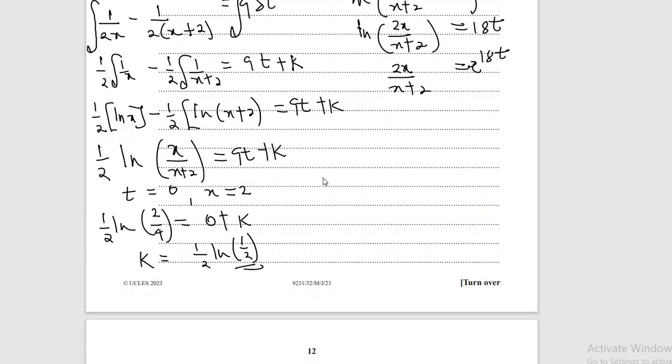I'm looking for x in terms of t, so cross multiply. We have x e raised to the power 18t plus 2e raised to the power 18t equal to 2x. Collect the like terms.